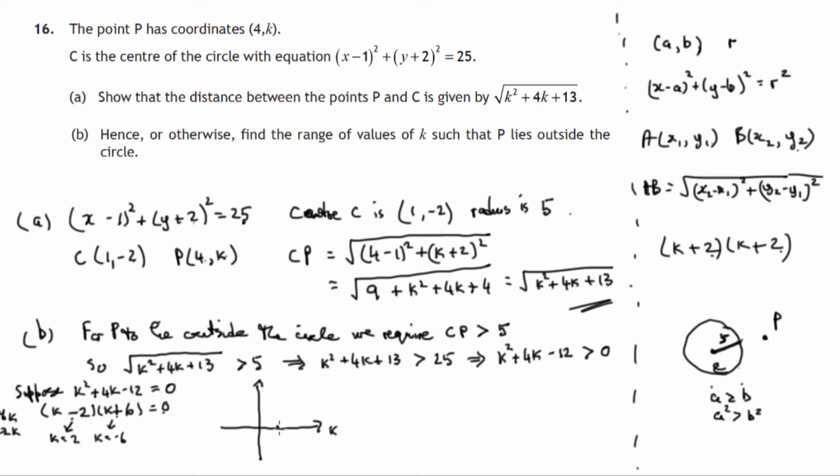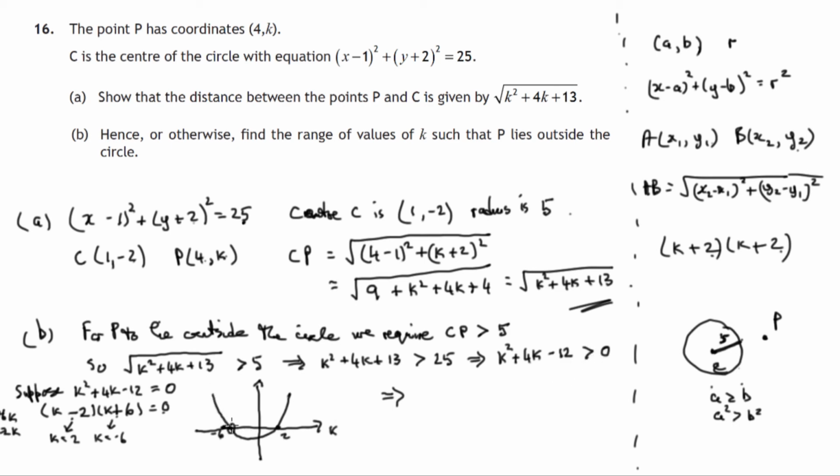So 2 and negative 6. The values of k squared plus 4k minus 12 look like this. And we're interested in when these values are greater than 0. In other words, when is this graph above the k-axis? Well, that happens when k is less than negative 6. We don't include negative 6 because it's strictly greater than 0.